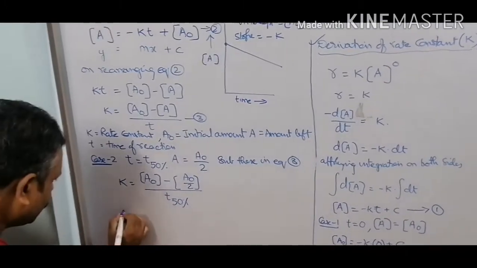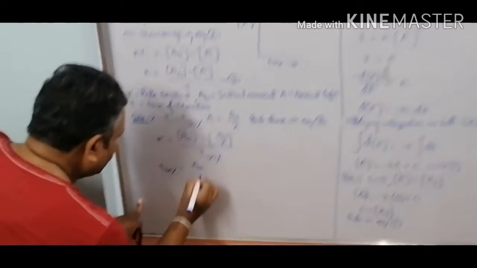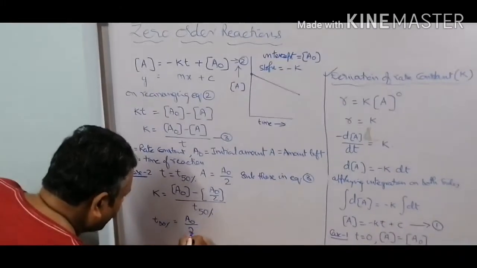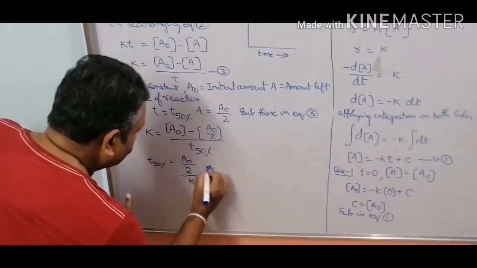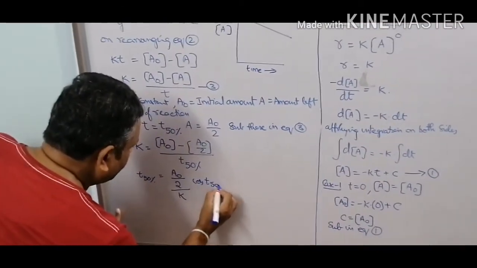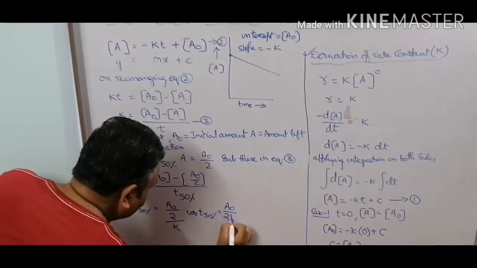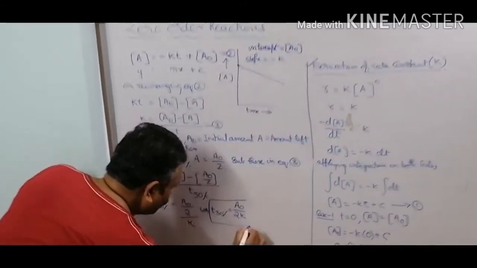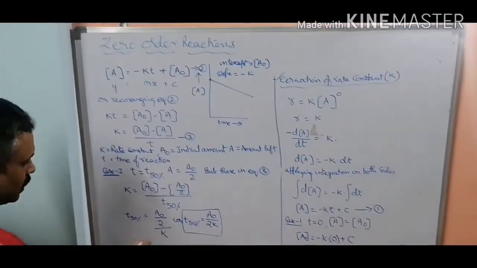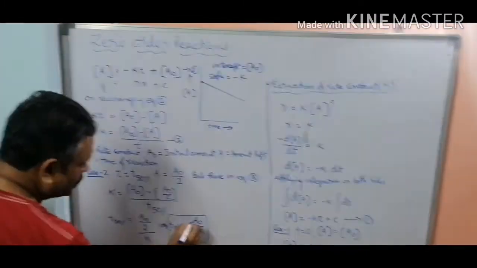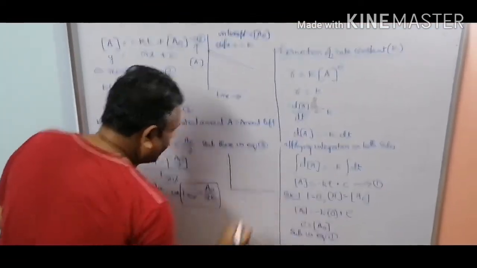Now rewriting, t 50% is [A] naught by 2 divided by k, or t 50% is [A] naught by 2k. So this is the formula for the half-life of zero order reactions, in which you can observe that the half-life is directly proportional to the initial concentration of the reactant.